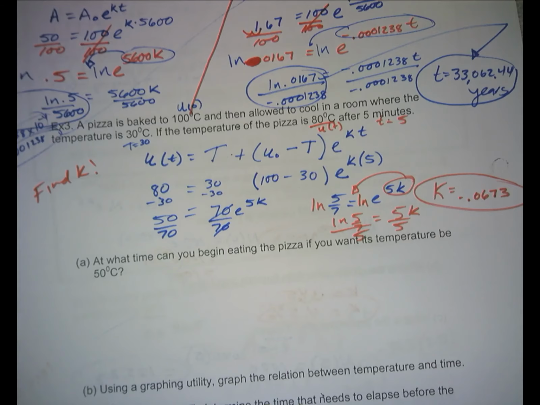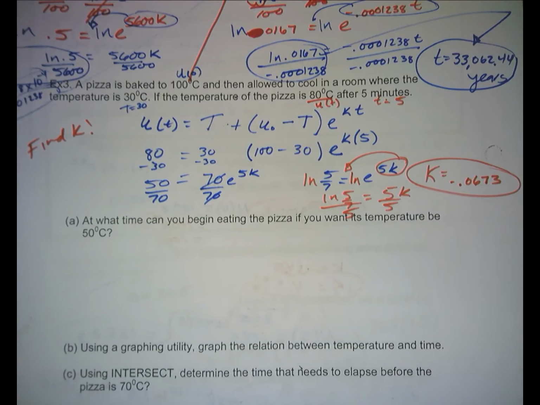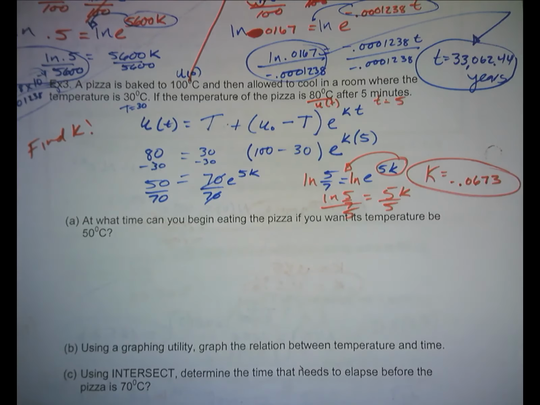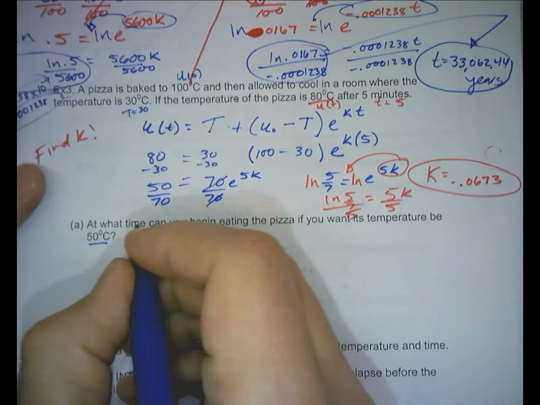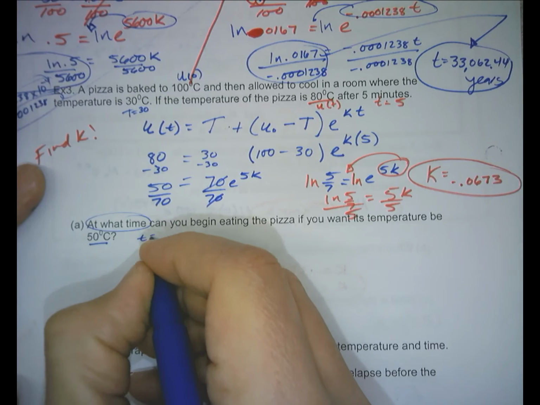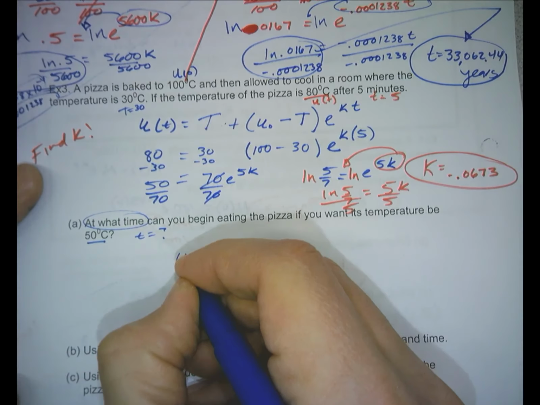Okay, and now I can use this to answer the next question. The next question is, at what time can you begin eating the pizza if you want its temperature to be 50 degrees Celsius? So now, at what time, that's t equals question mark. So I use my formula.